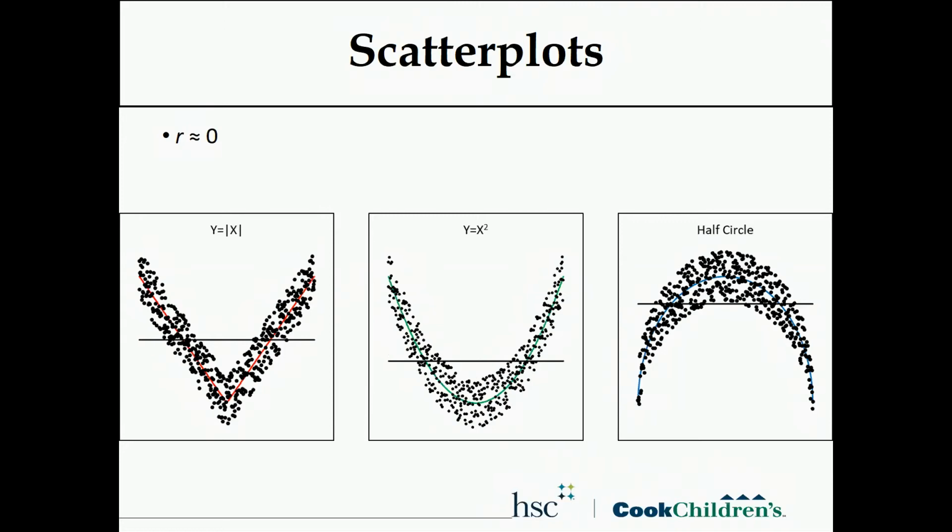But these are 3 examples of correlations that also equal 0. But you can see that for each of these, there is very much a relationship between the variables. It's just not captured by that correlation equals 0. For each of these, I've graphed these different functions and added a little bit of random error to them. The middle one, particularly, is important. You can see the correlation is equal to 0.